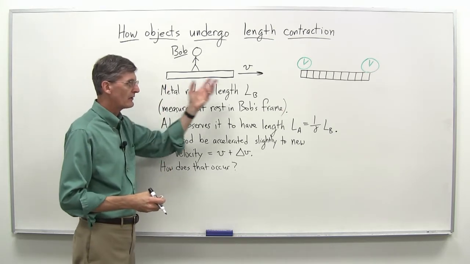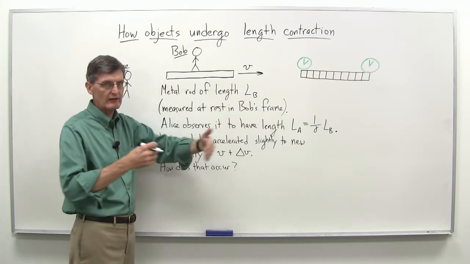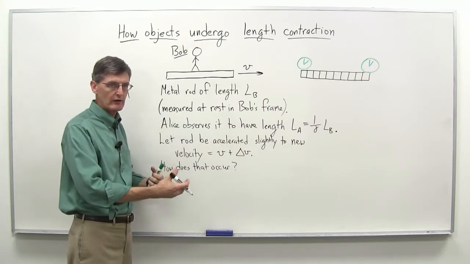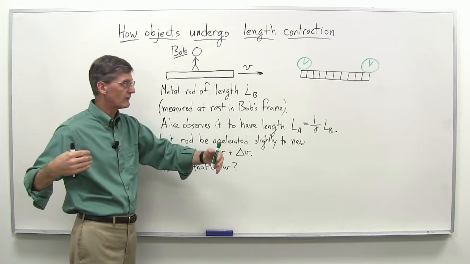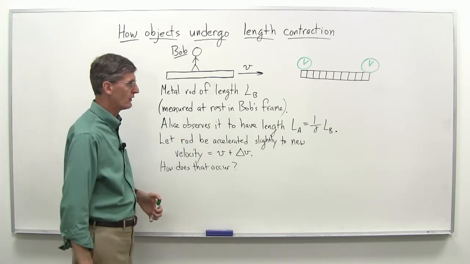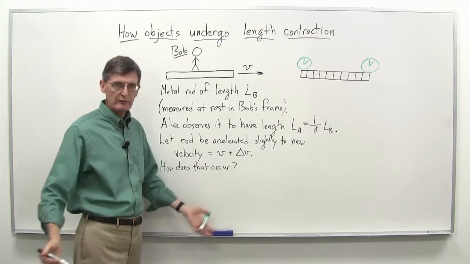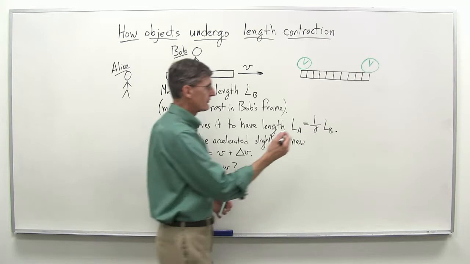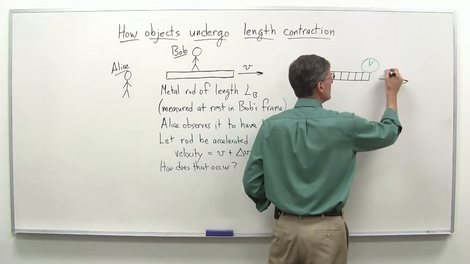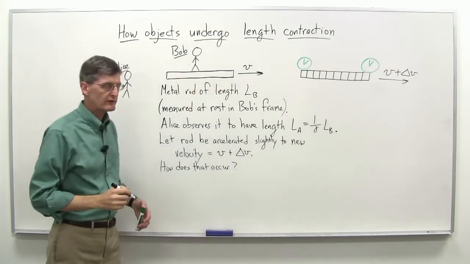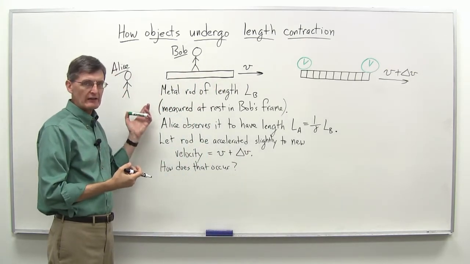If Bob has clocks synchronized in his frame, his lattice of clocks, we know that if Alice observes Bob's clocks compared to her own synchronized lattice of clocks, Bob's clocks will be out of synchronization, and vice versa, of course, going the other way. And another way we say that, of course, is leading clocks lag. So if this is now, so now we're at V plus a little bit more, V plus delta V, to get up there, what does Alice observe?